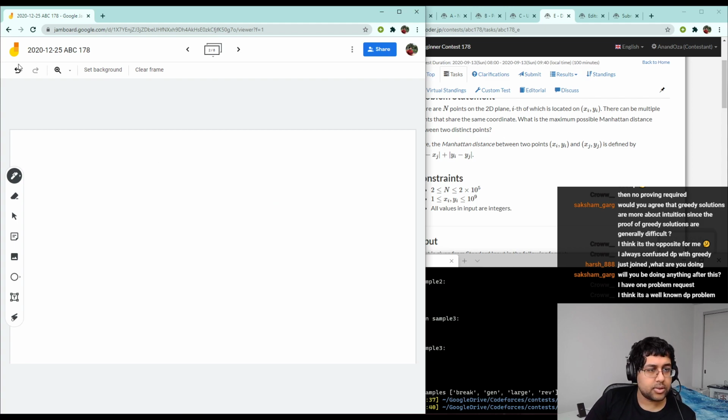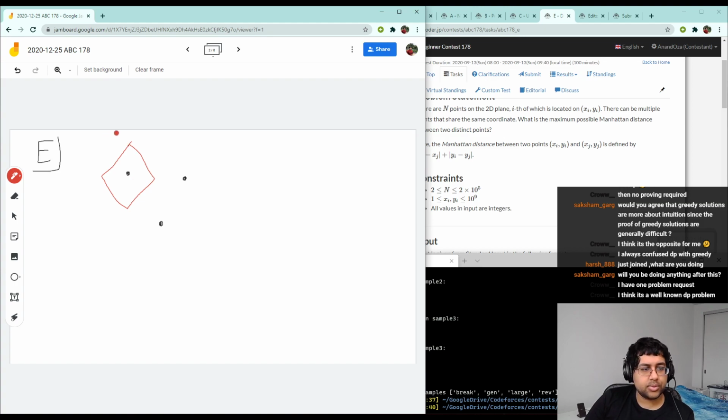So for E, imagine you have some dots and you want to find the Manhattan distance between them. If you want to draw all the points of a fixed Manhattan distance from a given dot, if you draw this out, it looks like all the points within this diamond shape.